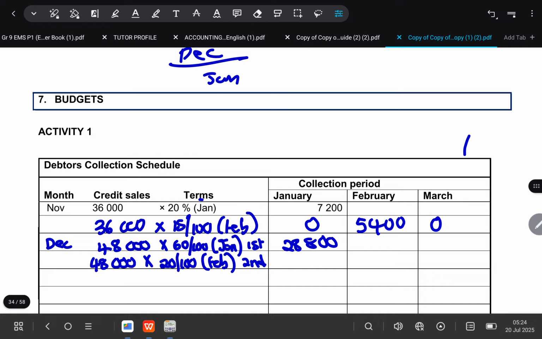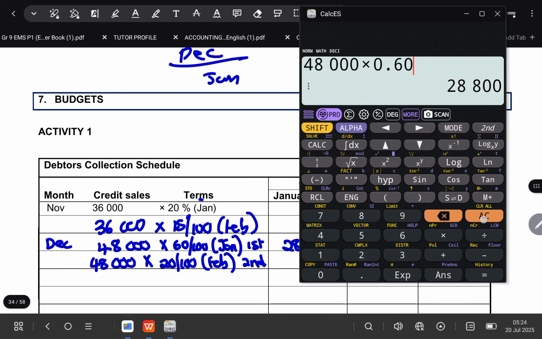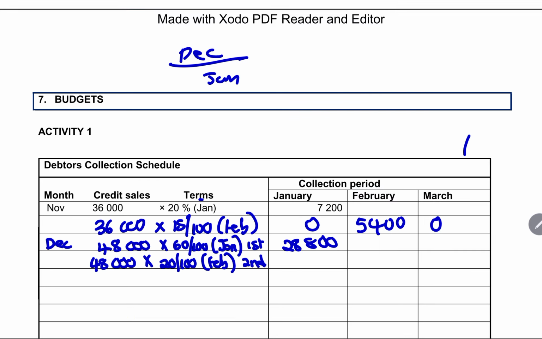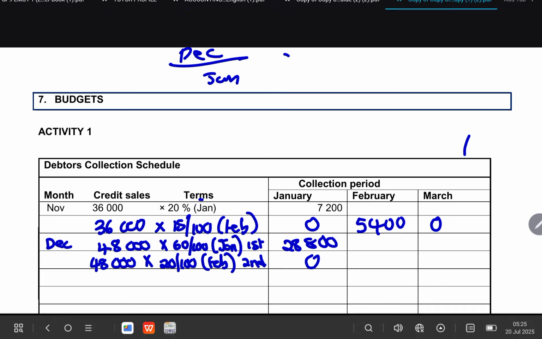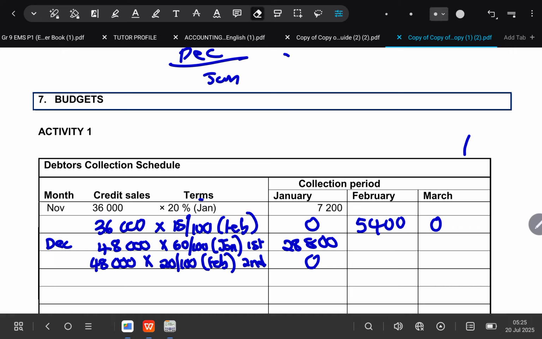Okay, so 48,000 multiplied by 0.20 is going to give us 9,600. Remember, we're looking for 20%, so it's 9.6. So that 9.6 can be in January, sorry, I wrote here by mistake. So I'm going to erase here.